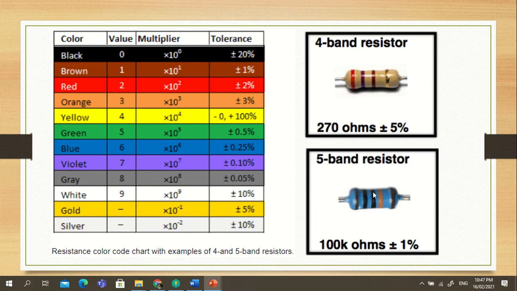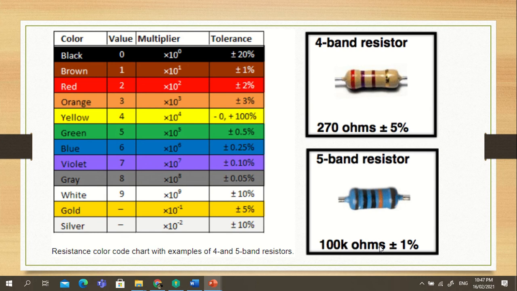All right. Then the fourth color is, what is this? This is orange, right? This is our multiplier. So we have 100. Then you have k here. K stands for 1000. So you multiply by 1000.